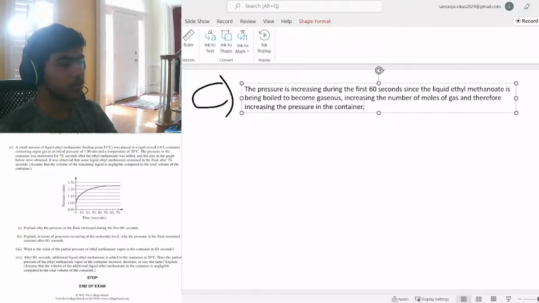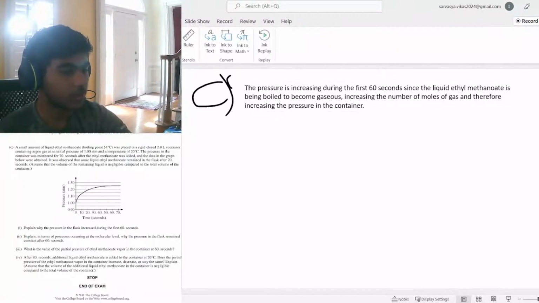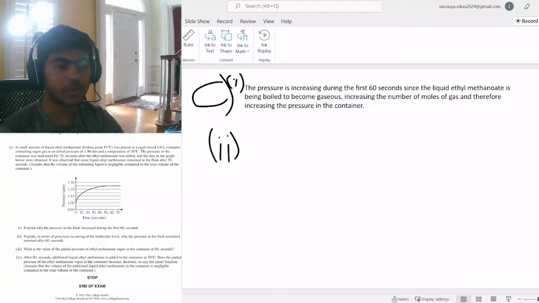Alright, and that was part 1. Now we're going to move on to part 2. Explain in terms of the processes occurring at the molecular level why the pressure in the flask remained constant after 60 seconds. Let's think about this. After 60 seconds, we've gotten to the point where we're at equilibrium, essentially.